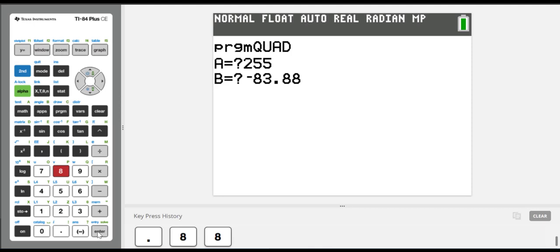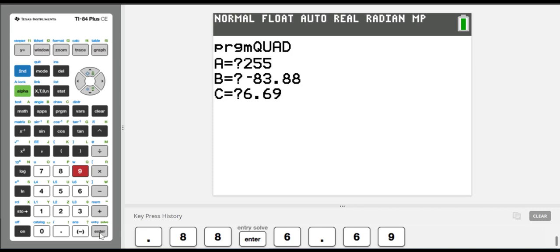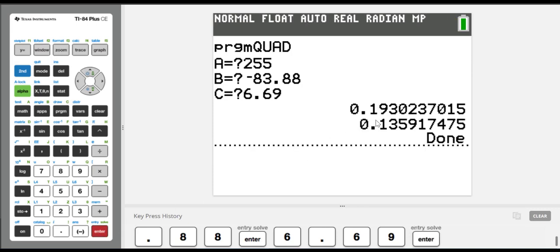And C was 6.69. And did I do it right? I got 0.193 and 0.136. Yes, that's what we got in class. And so now I have a quadratic formula program, so when I don't have to approximate, we're good to go. Hopefully that helps. Take care.